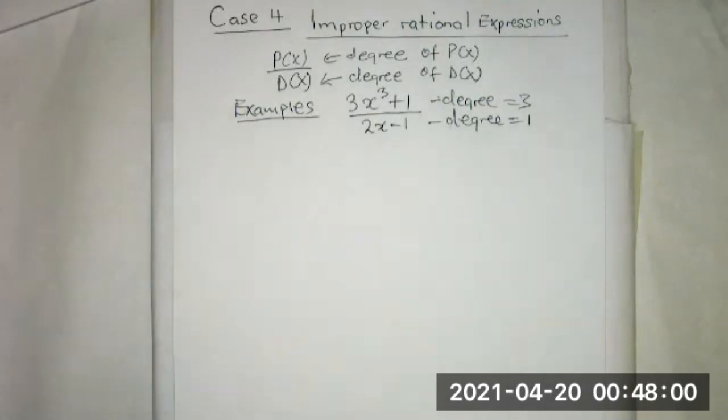We call P of x over D of x improper rational if the degree of the numerator is greater or equal to the degree of the denominator.